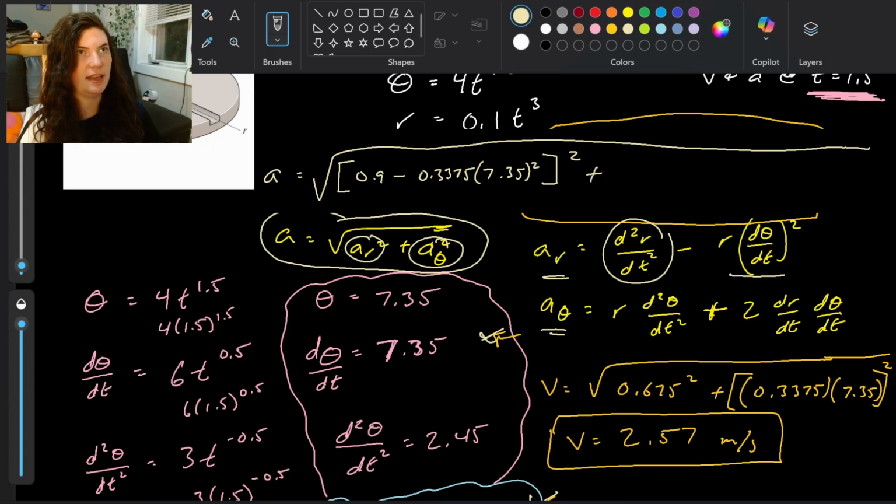Now we can do our acceleration in the theta direction. Might be a little worse.